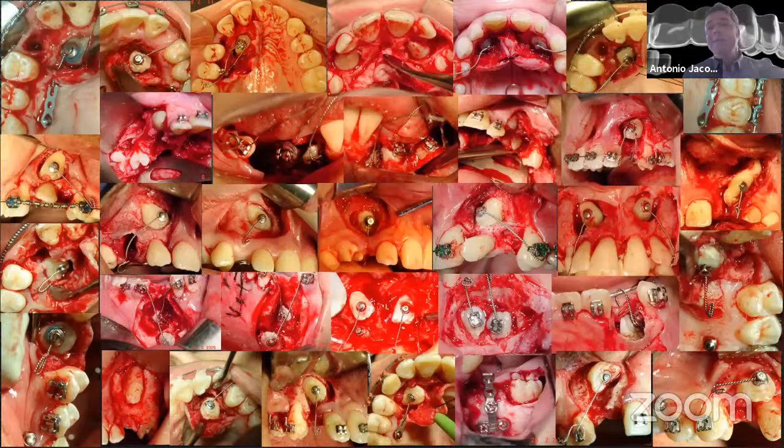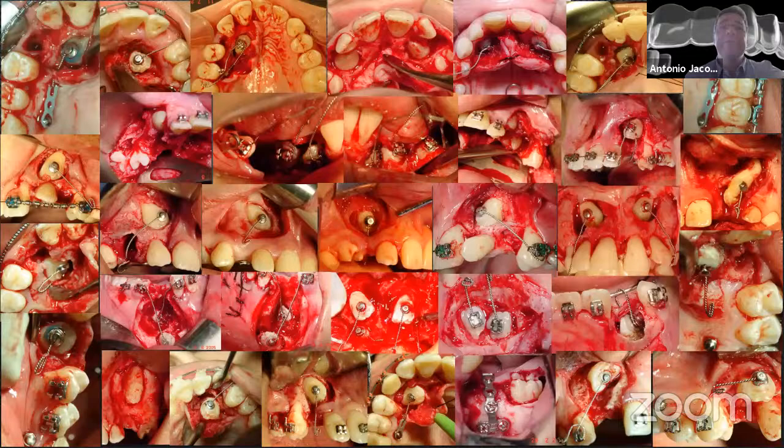But at this moment we need the surgeon to do the surgery, and almost the majority of them don't know a lot about the bonding process on enamel. So the presence of the orthodontist at this moment is, for me, crucial.